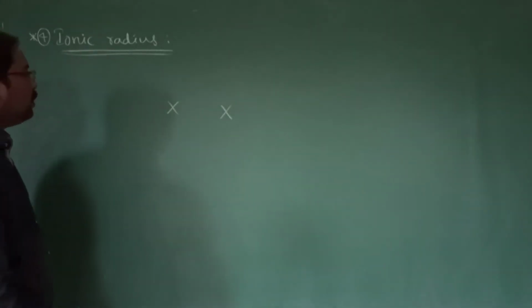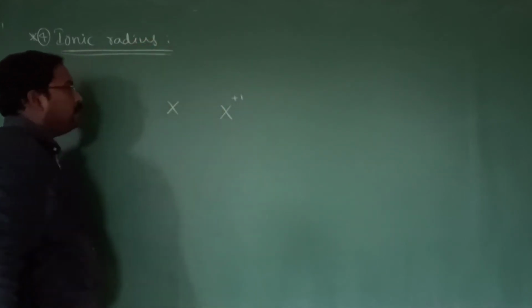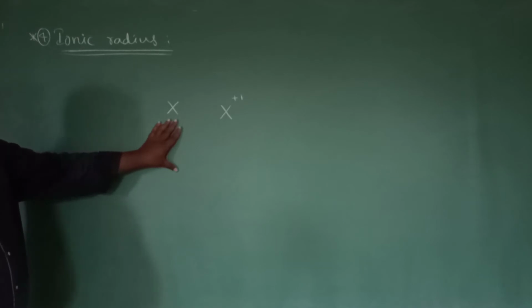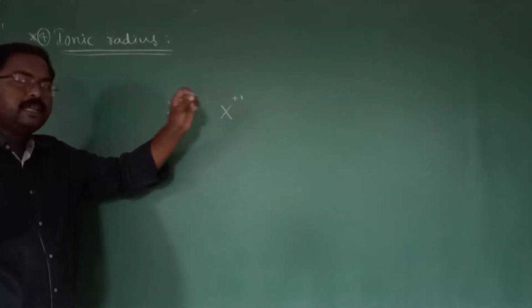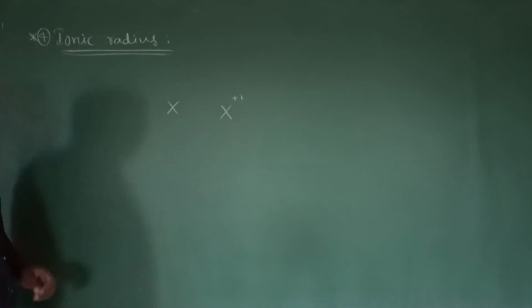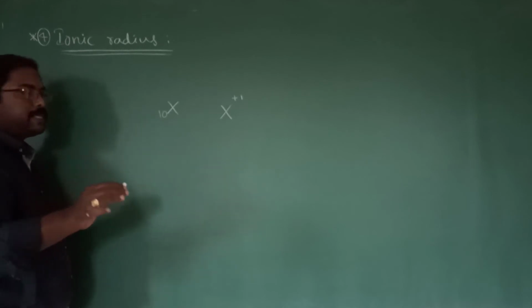Okay? For example, this is an atom, this is a cation. So what does it mean? It lost one electron. Okay. So let its atomic number be 10 for understanding purposes.